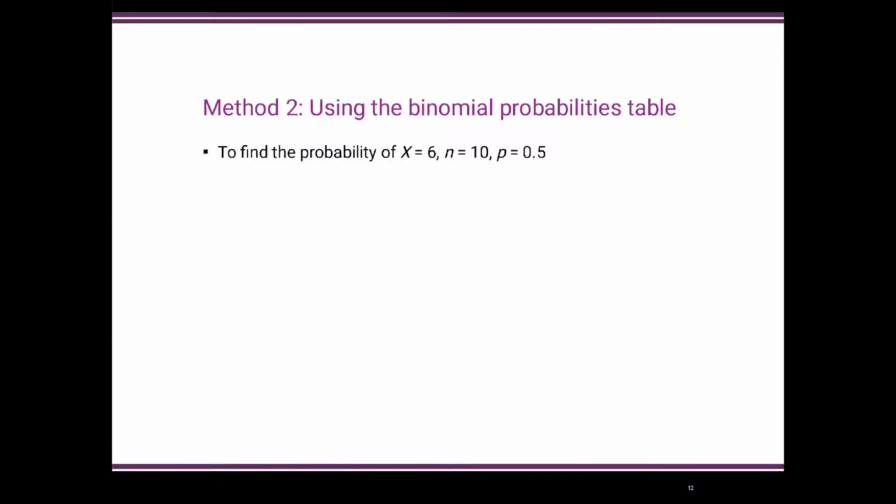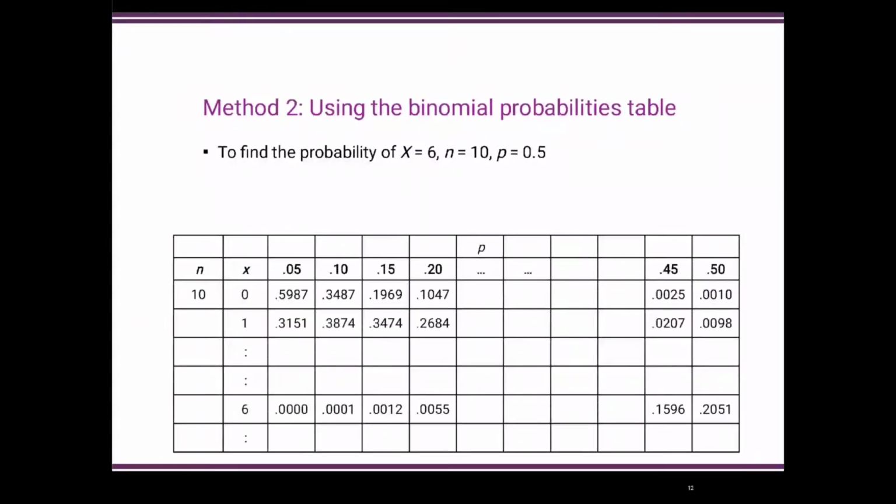The second method is to use the binomial table to find the probability of x when x is 6, n is 10, and p is 0.5.